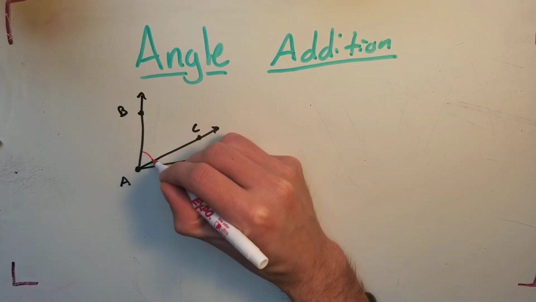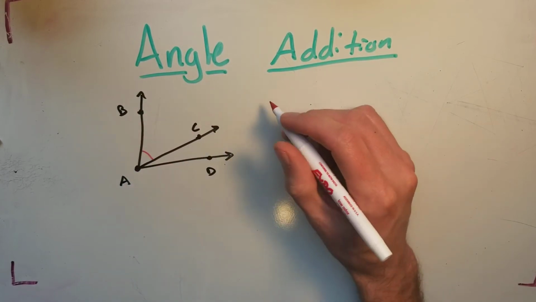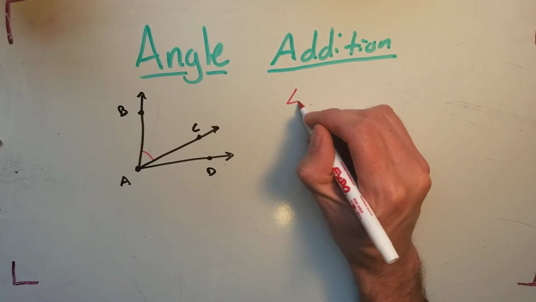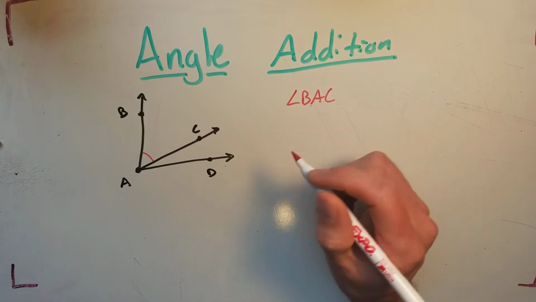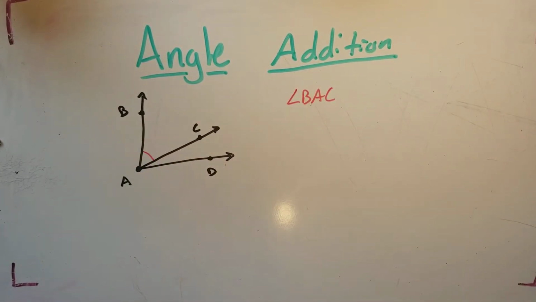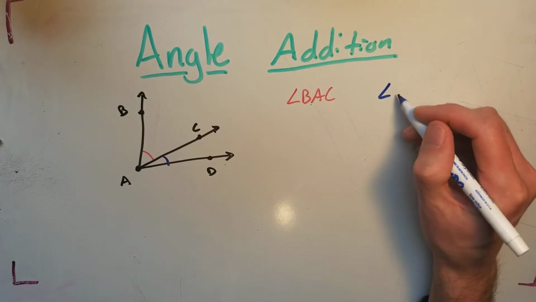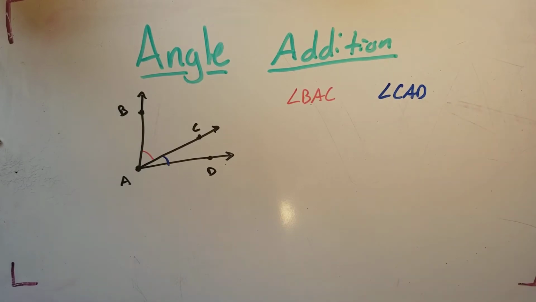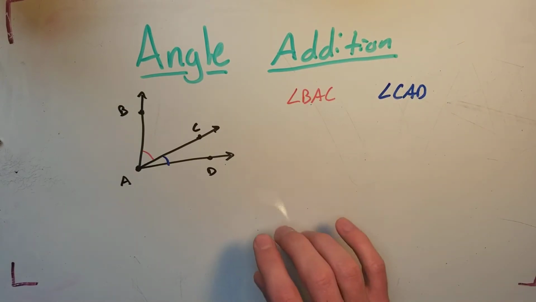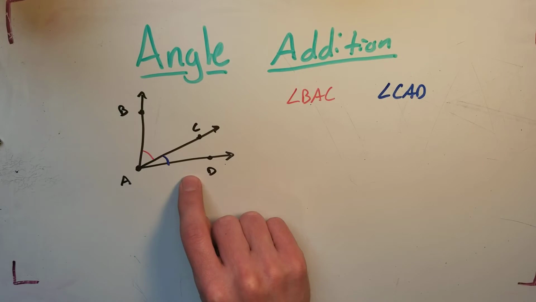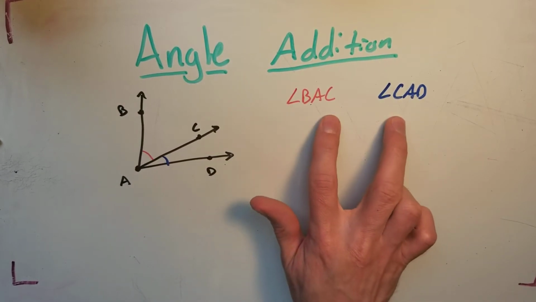this right here in red, we'll call angle BAC. So BAC, that's our red angle. And then in blue, we have angle CAD. Now if we want to know the measure of angle BAD, we can simply add these two angles together.